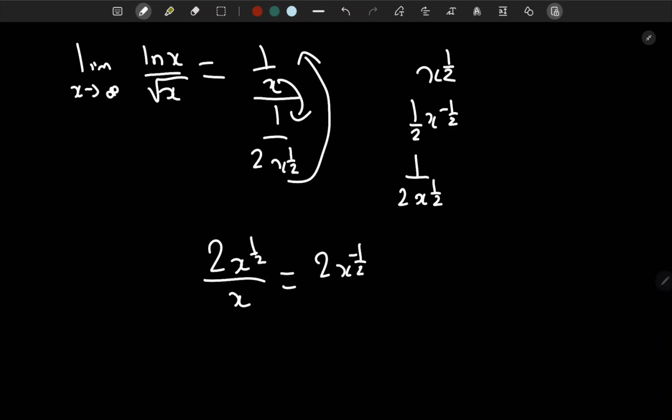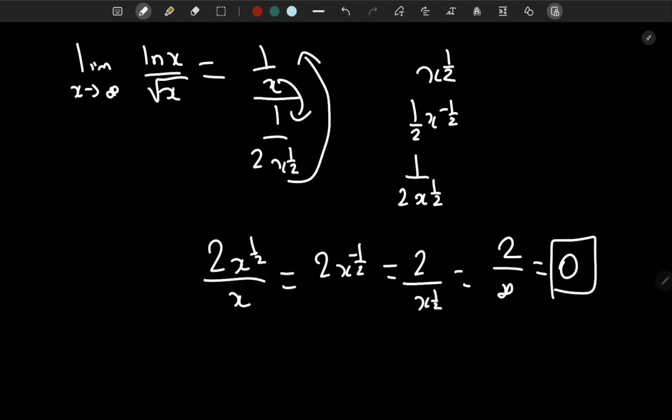Let me write it like this first. Now let's substitute x as infinity. It's going to be 2 over infinity, and a number divided by infinity is 0. So the final answer for this question is 0.